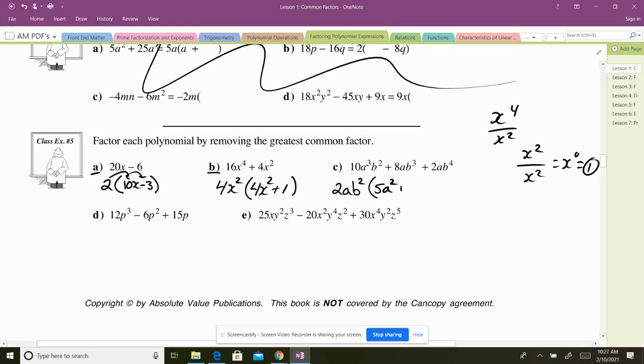Okay, plus 8 divided by 2. a over a. No more a. You could say 1 or a to the 0, which is 1. Don't say 0 though, because you just say they're gone. b cubed over b squared.